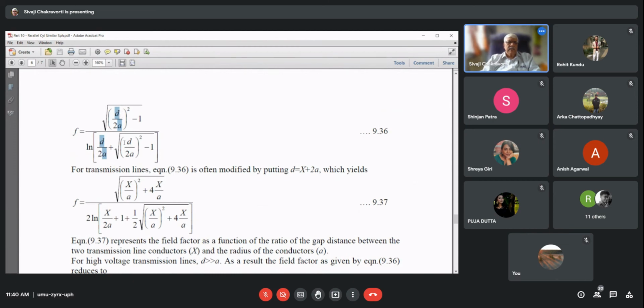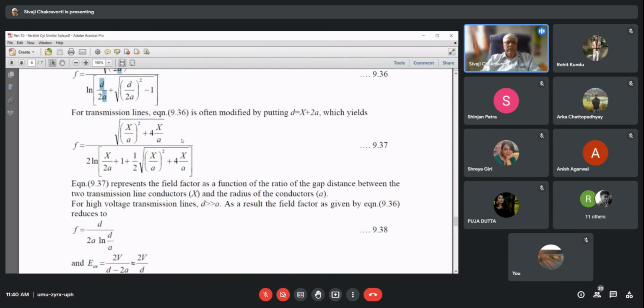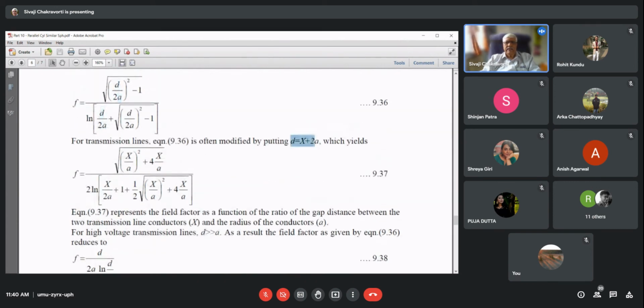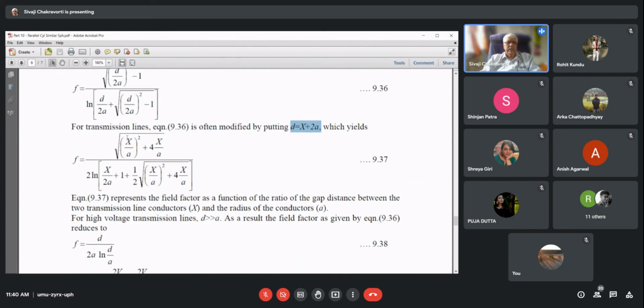And it is a function of the ratio d by 2a. People have tried to modify this expression where d is x plus 2a, then putting it in this expression and doing further algebra. People have tried to develop it in terms of, instead of d by 2a, instead of x by a. So this is like representing the same expression in a different form.